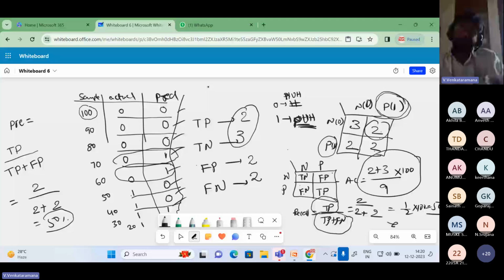I said earlier, you have to draw a graph between the true positive rate and the false positive rate. True positive rate is nothing but the recall, TP divided by TP plus FN, and false positive rate is the false positive divided by false positive plus true negative.